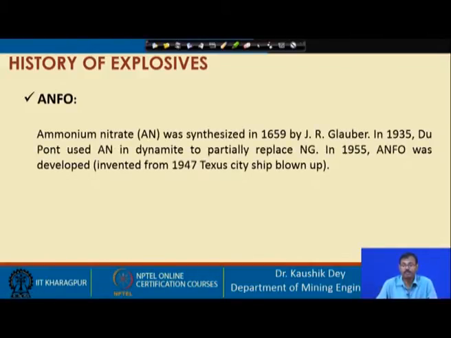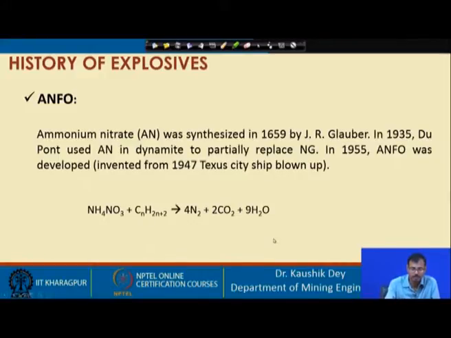Ammonium nitrate was synthesized in 1659 and was commonly used in agriculture as a fertilizer for plants, but no one knew its use as an explosive until in 1947 at a Texas port a ship carrying ammonium nitrate faced an explosion. This is famous as the Texas City accident, the Texas City explosion.